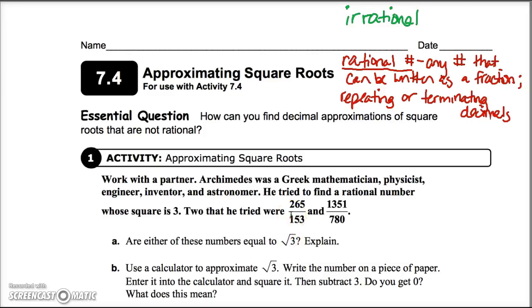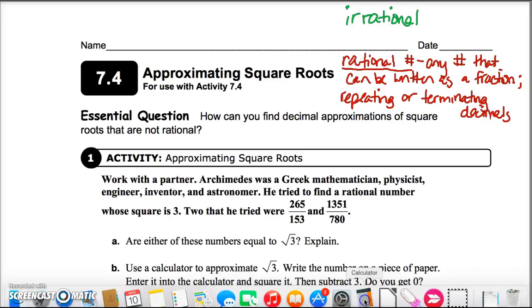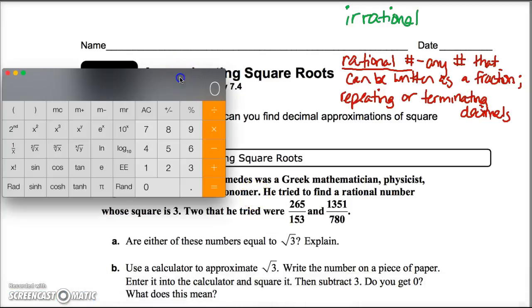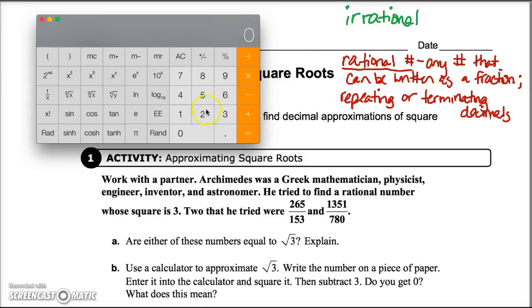If I pull up my calculator, the first thing I'm going to type in is the square root of 3. Notice you get a really long decimal. It doesn't seem like anything is repeating, and obviously it never stops. What I want to know is if either one of these fractions will be equal to that number.